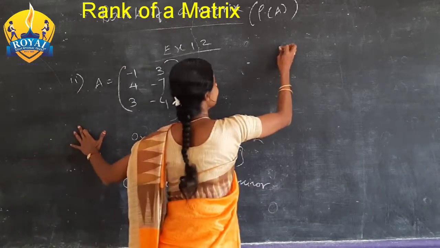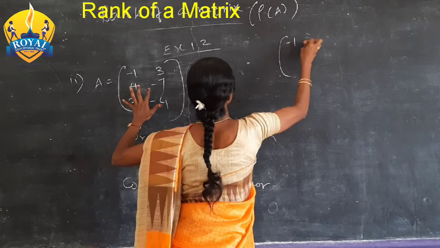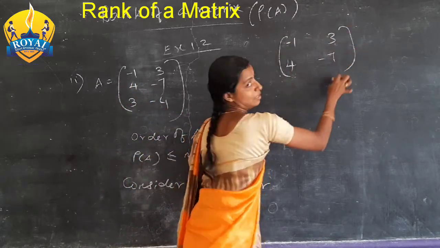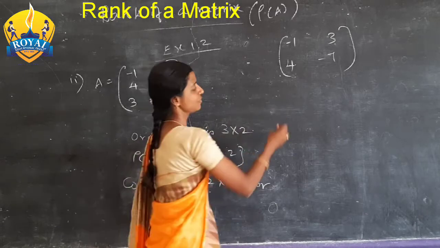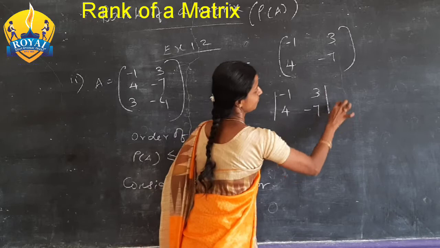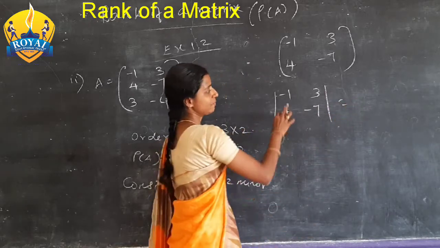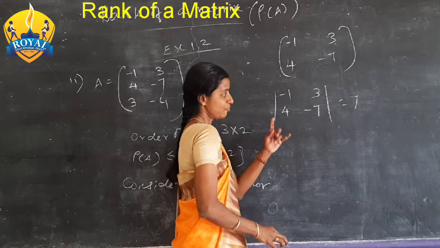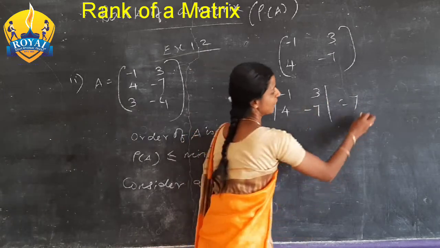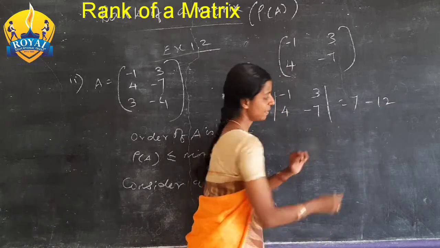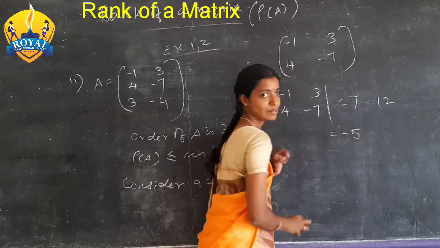I am considering the 2 cross 2 minor [-1, 3; 4, -7]. How will I find the determinant? Minus 1 into minus 7 becomes 7. If I go in the reverse order, I have a negative: 4 threes are 12. 7 minus 12 is minus 5.